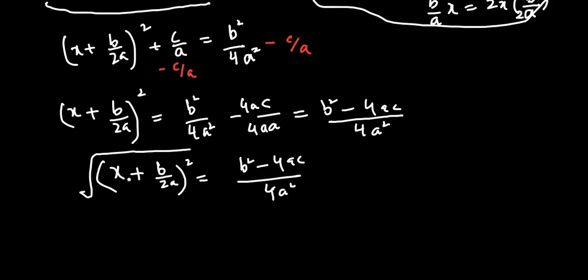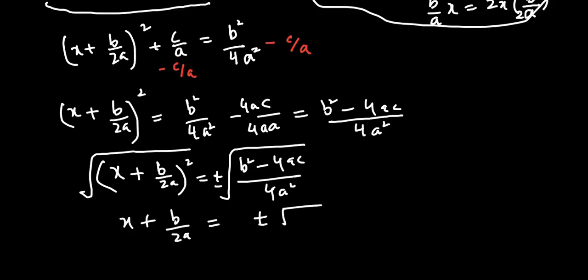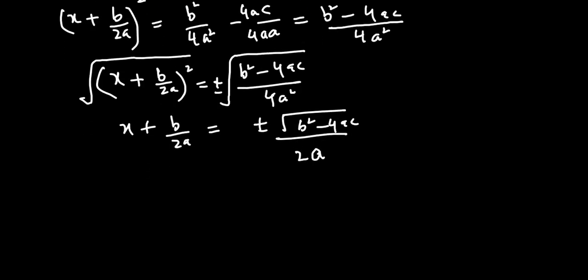Now if I take the square root on both sides, then we give plus minus here, and we have x plus b by 2a equals plus minus square root of b square minus 4ac whole divided by, square root of 4 is 2, and the square root of a square is technically the absolute value of a, but since we have plus minus here, we just remove the absolute value sign because it makes either plus or minus, so we don't need to give the absolute value of a.